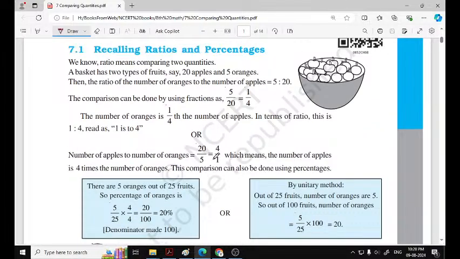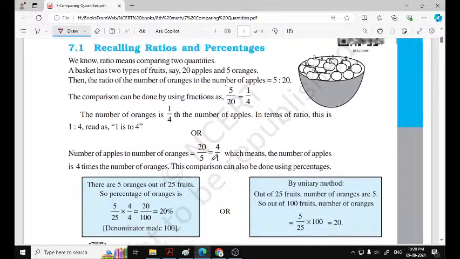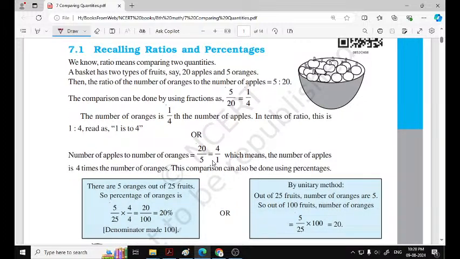Here, there are 25 fruits. So out of 25, 20 are apples. Then how much out of 100? 80% are apples, and oranges are 5 out of 25.